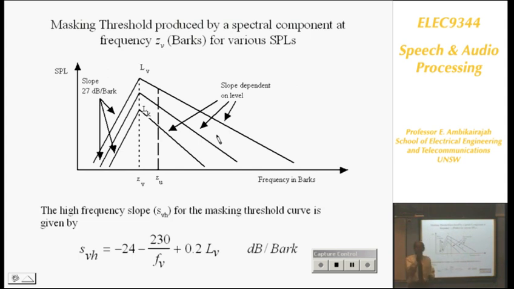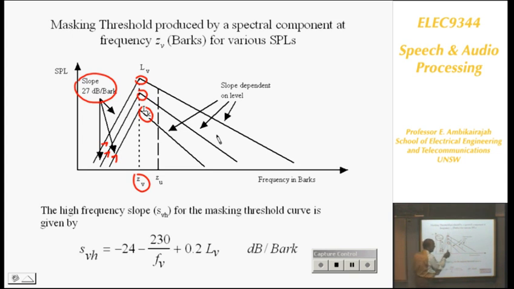Remember, for one particular tone, if you assume the tone is at that frequency V, and that's your amplitude level. Depends on the level. Level is L1, L2, L3. I'm saying LV is the level. And as I said to you, these ones are parallel to each other. And Terhardt measured this, and he found the slope is 27 dB per Bark.